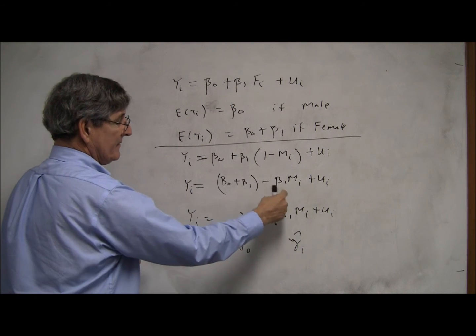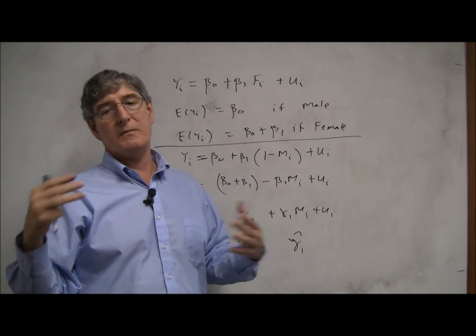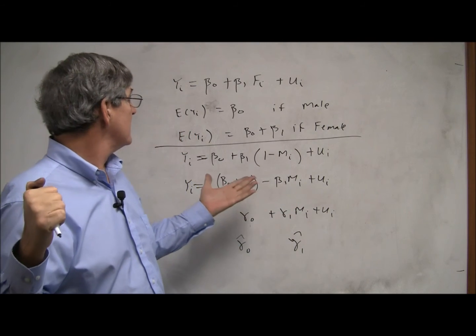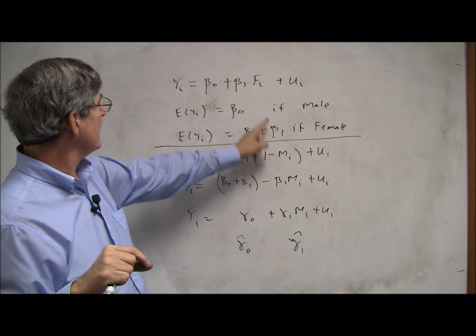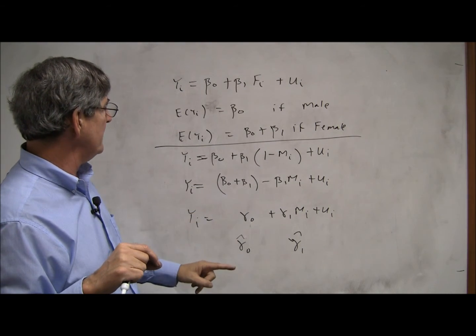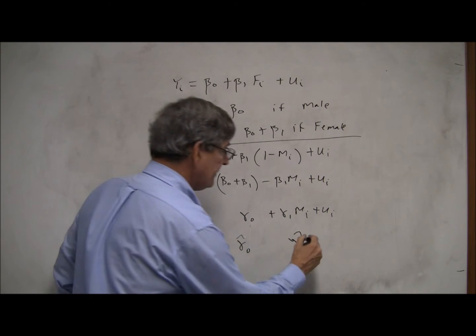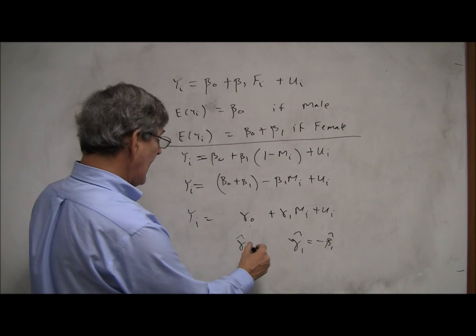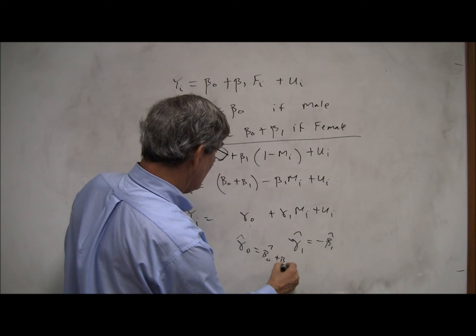And the coefficient on male is just the negative of the effect for a female. So that's not what I meant to say, but the effect on males here is just exactly the negative of the estimated effect on females. And so gamma 1 that you estimated would literally be minus beta 1 hat, and gamma 0 hat would be beta naught hat plus beta 1 hat.